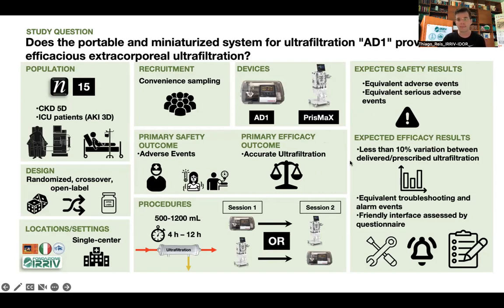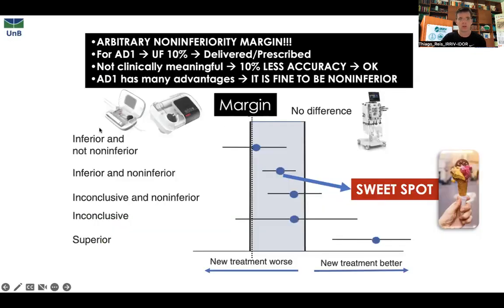The expected efficacy outcomes would be the amount of ultrafiltration concerning the prescribed dose and the delivered dose. And in this case, a 10% difference would be acceptable for this device. In this case, a non-inferiority design is advisable, because in the non-inferiority trial, we don't want to say that the intervention, that AD1, is better than the standard of care.